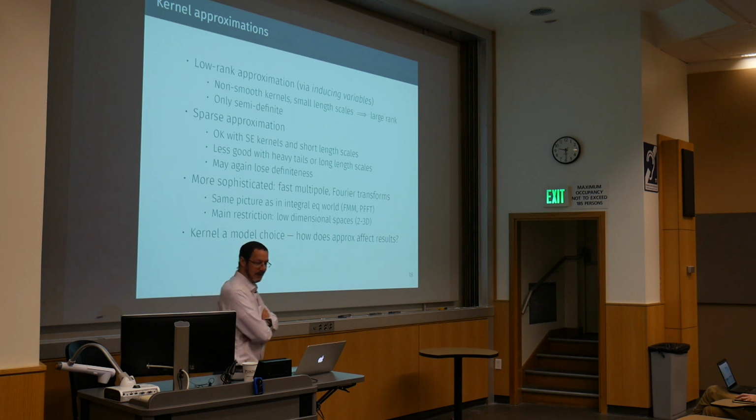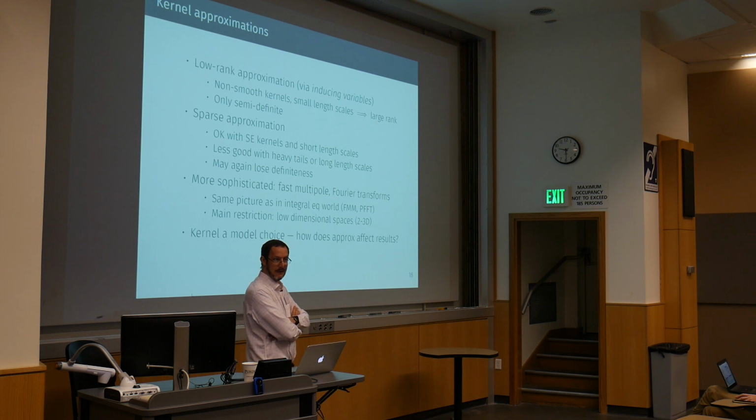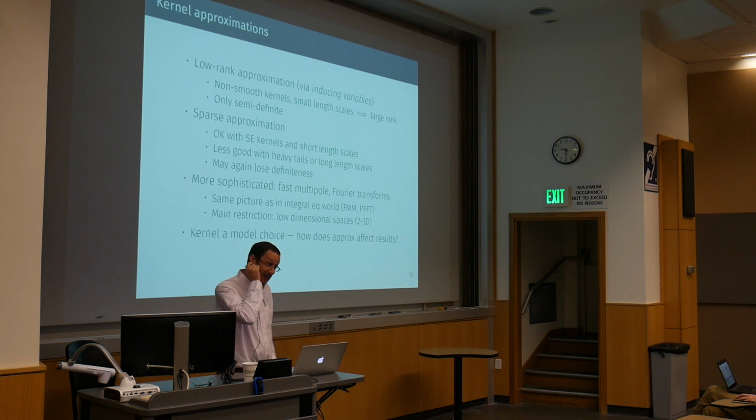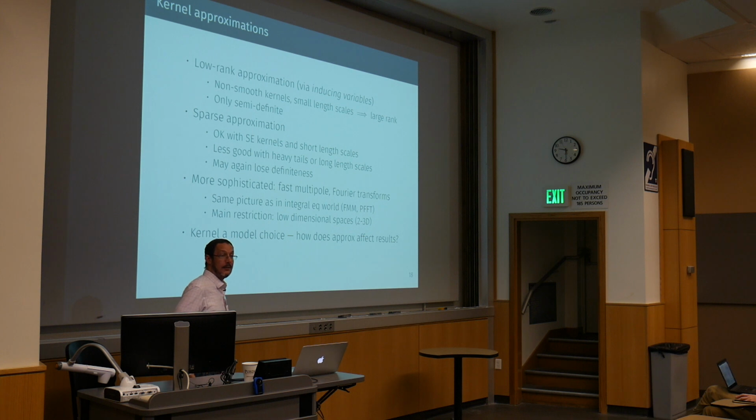Another thing that you can do is sparse approximation. That's okay if you've got short length scales. Not necessarily so good in other cases. In both of these cases, you have to worry about losing definiteness. Or you could be more sophisticated. And here's one of these cases where it's really interesting to see how things get reinvented over time.